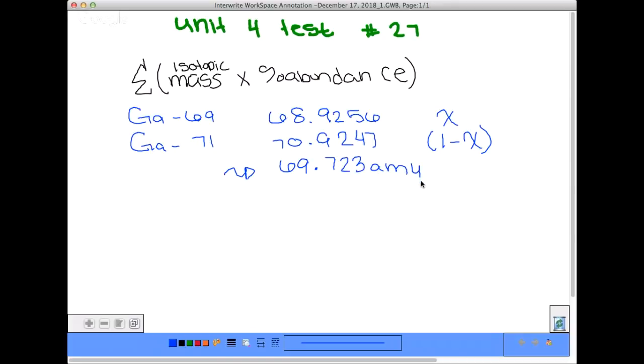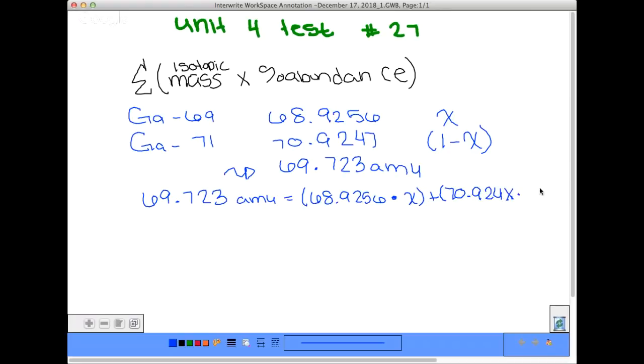So if I were to create this equation, I would say that my total mass, 69.723 AMUs, is equal to 68.9256 times X plus 70.9247 times 1 minus X. What you want to make sure is that you distribute that and then you solve for X.